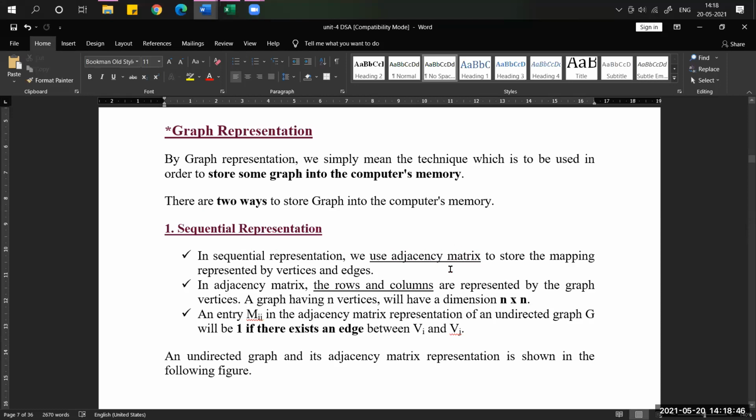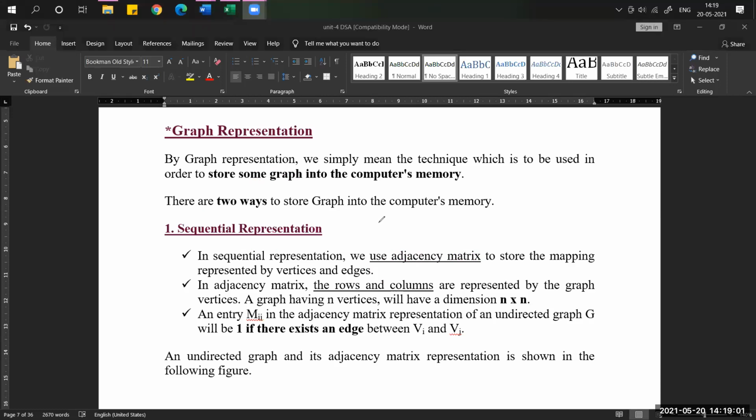So we are using the adjacency matrix to store the data of a graph. Here we will talk about three kinds of graphs: the first is the undirected graph, next is the directed graph, and another one is the weighted graph.